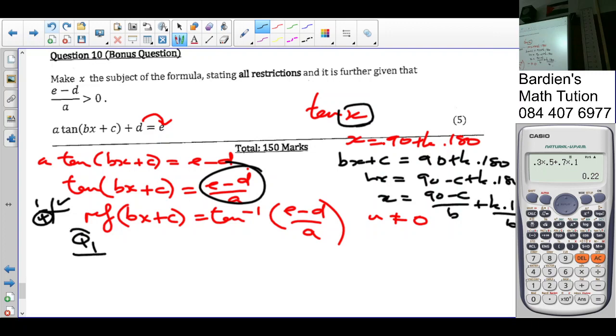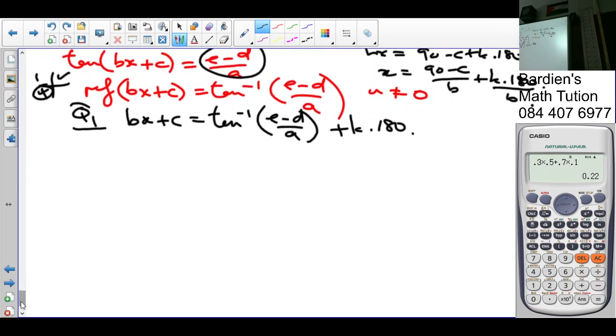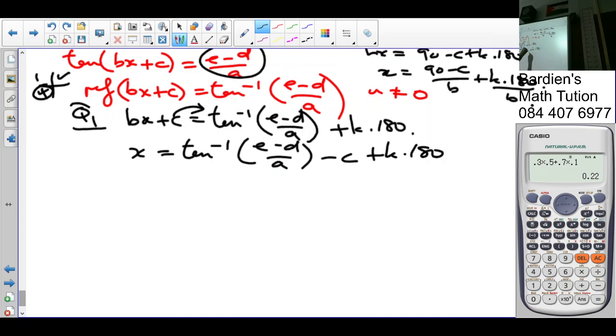So for quadrant 1, we say bx plus c equals arctan of E minus D over A plus k times 180. Why k times 180? Because the period of the tan graph is 180. So I take c over and then divide by b. So x is equal to arctan of E minus D over A, minus c plus k times 180, and then I'm dividing it all through by b.